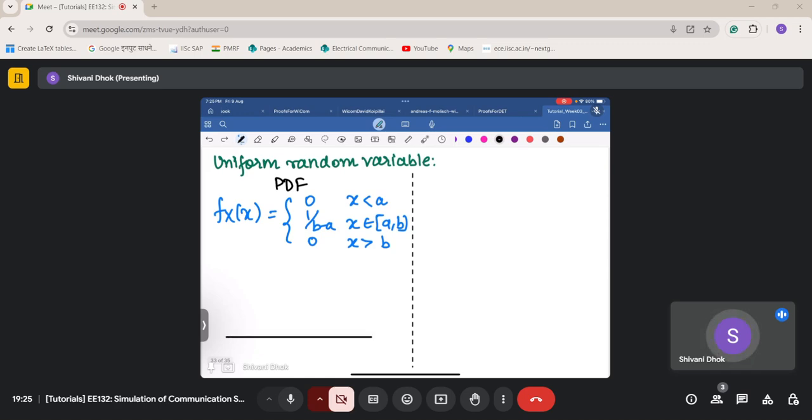So we have this x axis, then we have a, we have b. Here it is 0, and from a to b it uniformly takes the value 1 upon b minus a, and then it goes back to 0, something like this.